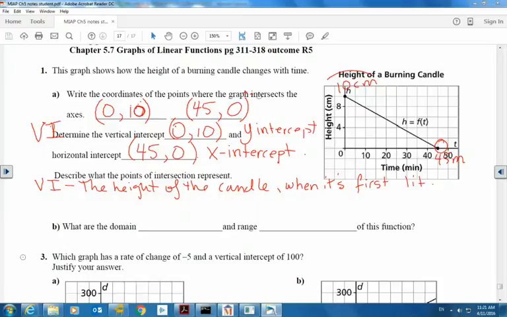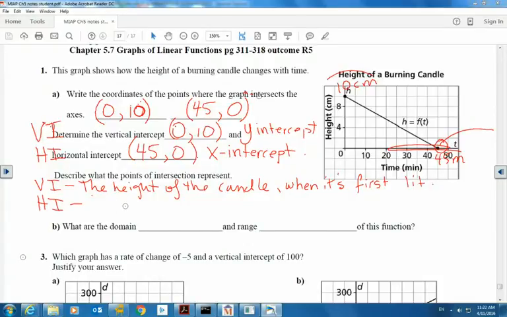And then the horizontal intercept. What is this in words? That is way over here, right? Where it hits the horizon. So what's happening right at that point? That's how long it takes the candle to burn out, disappear, melt away completely.